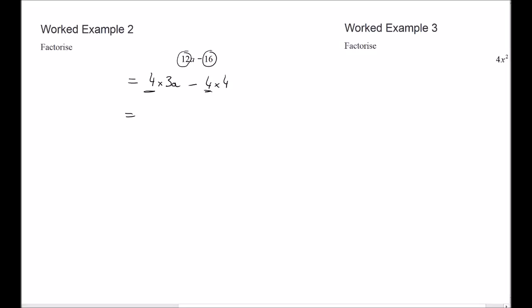I have 4 in common, so I'm going to put 4 in the front. 4 times 3a, and then be careful here because it's negative, minus 4 is going to give you 12a minus 16. And always double check when you factorize, guys. This is 3 and this is 4. They do not have any factors in common but 1. Okay, so if they only have 1 in common, that means that you did the right factorization.